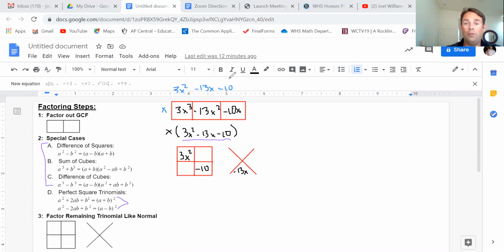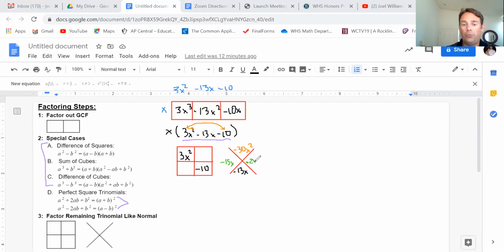Then we take our first term and our last term, multiply them together, and that goes in the top of my diamond: negative 30x squared. So I'm looking for 2 numbers that multiply to give me negative 30 but add up to give me negative 13. You guys, being the astute math people you are, probably realize that was negative 15 and positive 2.